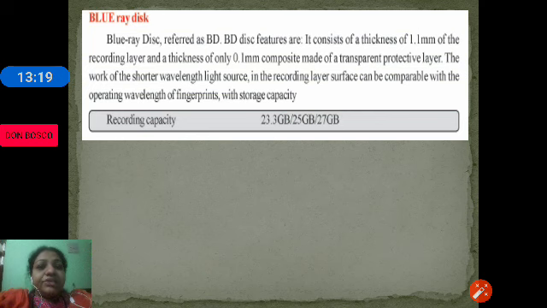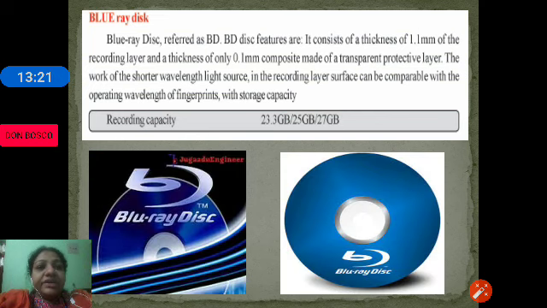Next we have a new type of device called Blu-ray disc. Blu-ray disc is very similar to CD and DVD, but the storage capacity is very high. BD disc refers to Blu-ray disc and its thickness is about 1.1 mm and it is made up of a transparent protective layer.